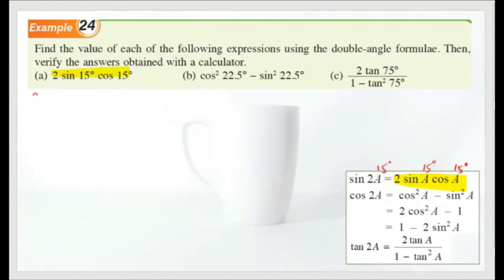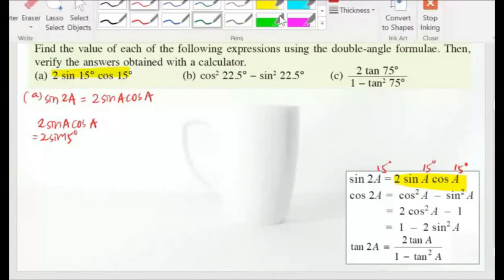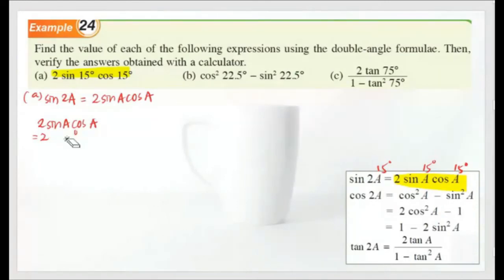If you're not sure, just copy down the formula first: sine 2A equal to 2 sine A cos A. So now you write 2 sine A cos A equal to 2 sine 15 degree cos 15 degree.